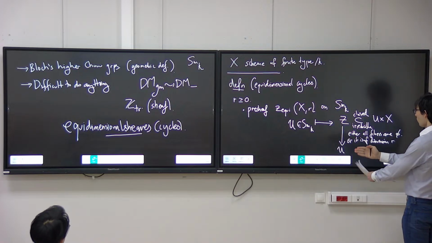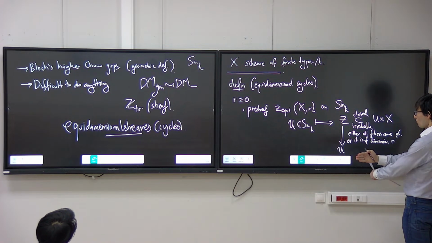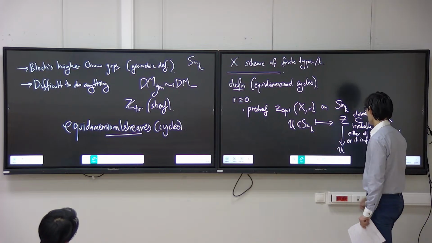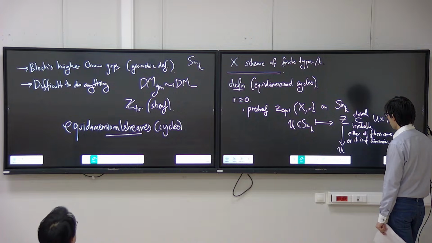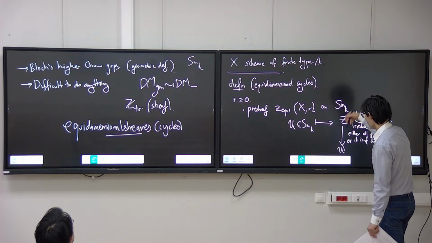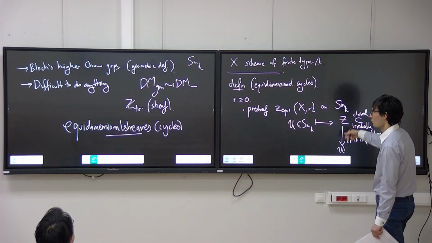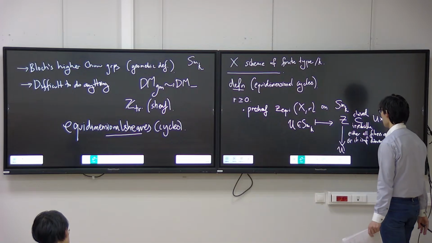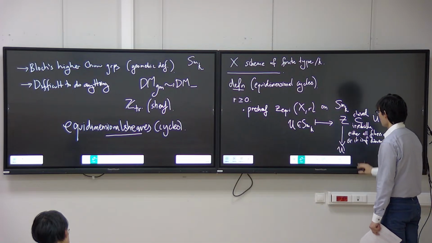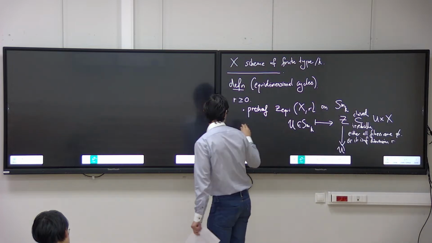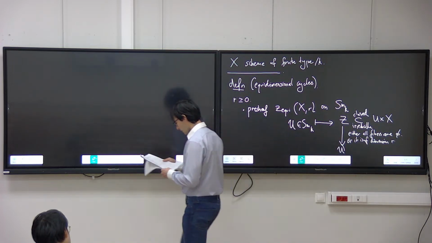So in the sense that all fibers are either empty or equidimensional, of dimension r. And maybe there's some technical condition where you want to make it surjective on some irreducible component so you don't get some kind of degenerate cases, let's say. Okay, so let's have a quick look at what this means for Z_equi(X, 0), let's say.